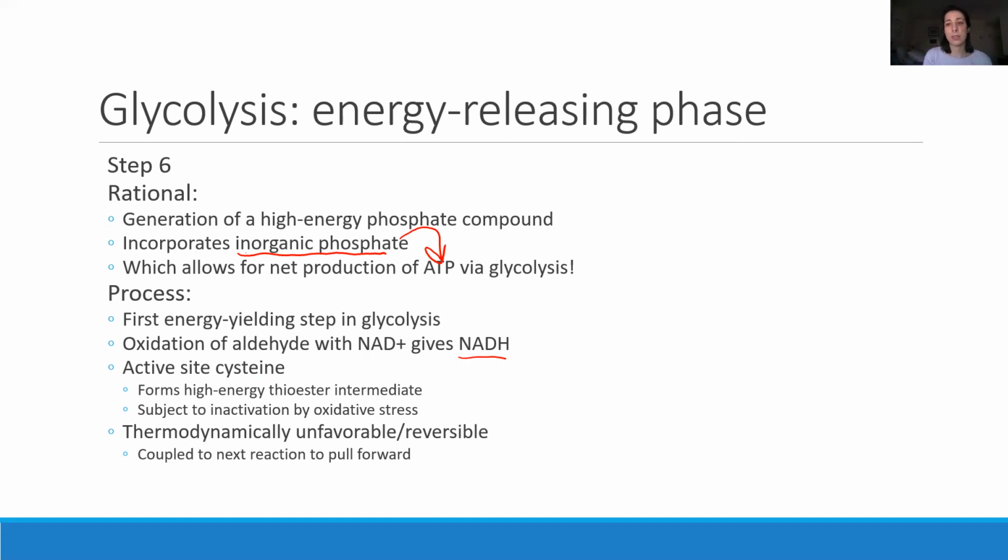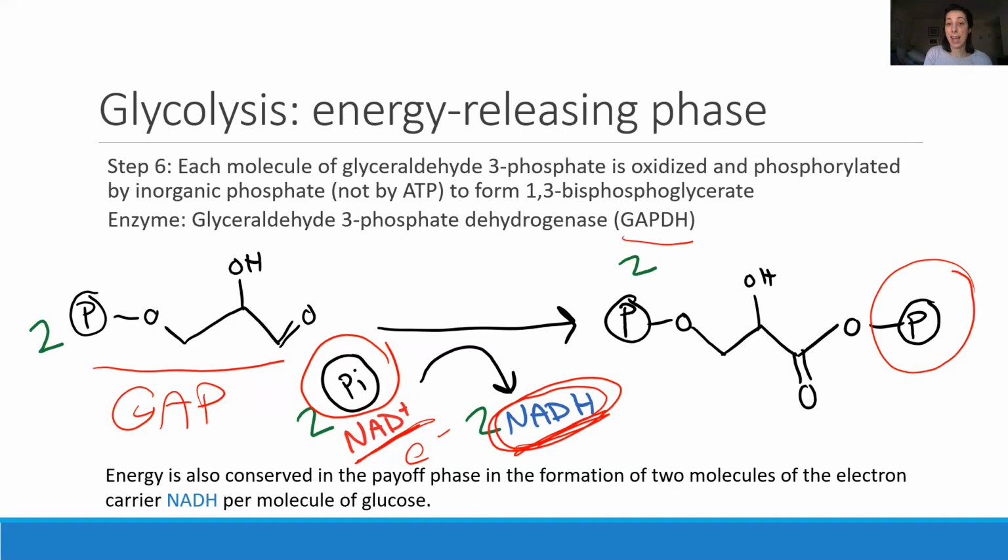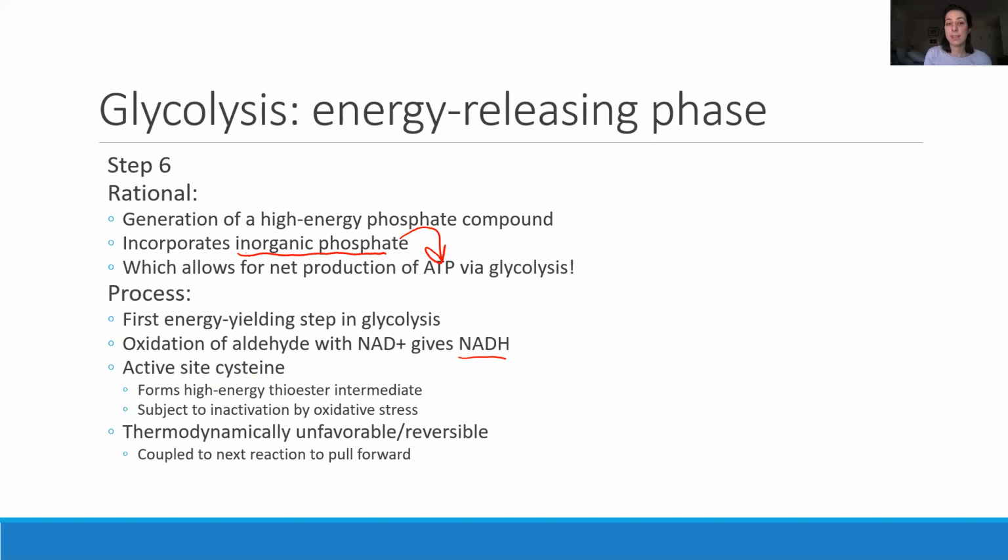This particular step utilizes this enzyme, as I noted, GAPDH, glyceraldehyde 3-phosphate dehydrogenase. Again, a very important enzyme that has an active site that is a cysteine. And this active site is very subjected to oxidative stress because of that thioester intermediate.